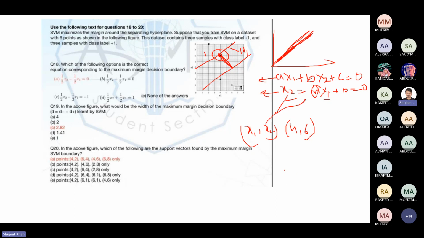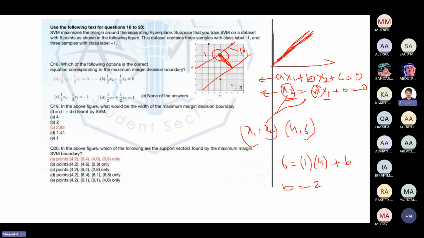So x2 is 6, equals m, which is simply 1, times x1, which is 4, plus b, which we don't know. So we can find the value of b equals 2.